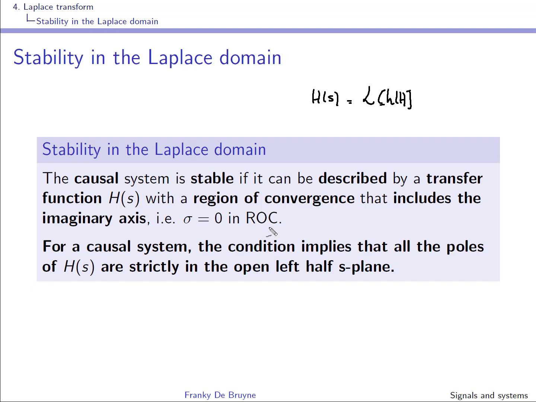So sigma equal to 0 is in the region of convergence. This comes from what we've seen in the previous slide.